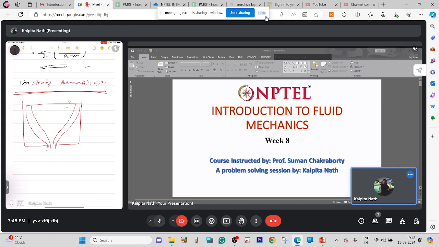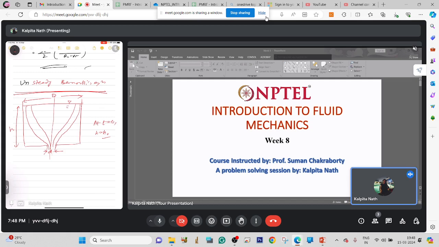Now let's suppose this is the main line and this is height h, and this is a small diameter d. At t equal to 0, h is equal to h naught, and the flow is unsteady. Obviously, the height is changing with time.